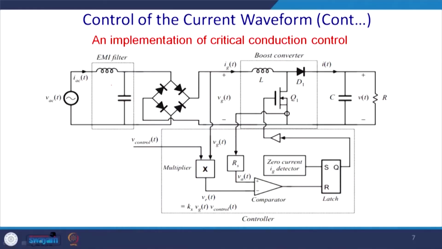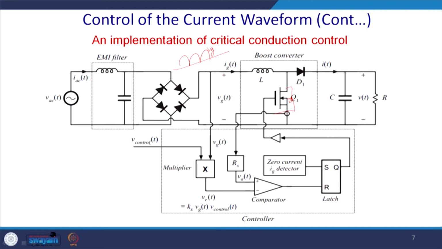So, you have an EMI EMC filter, X and Y, a differential mode filter and the common mode filter. I have not shown it in detail, this is a practical circuit. Of course, there will be an anti-parallel diode. Ultimately you have this VG here, and from there you will sense VG, and you should have a V control.